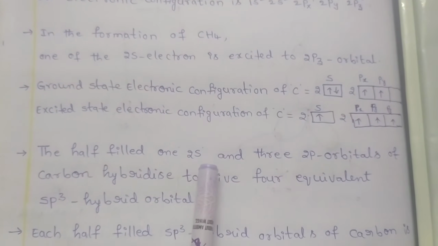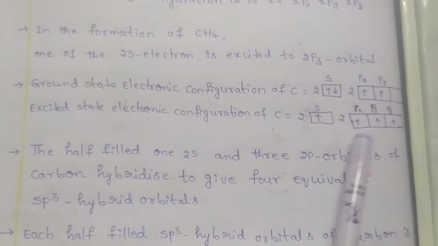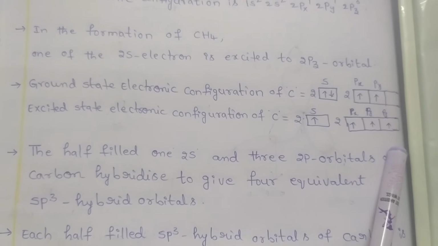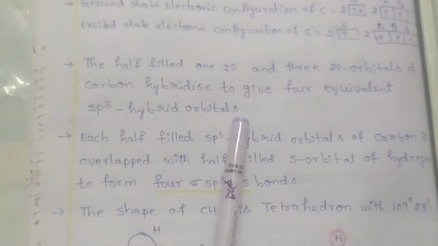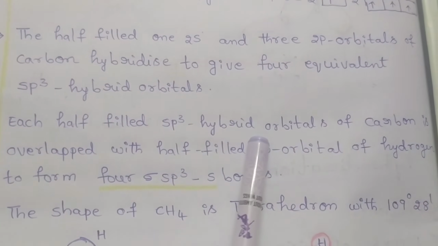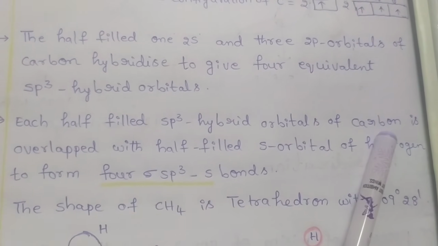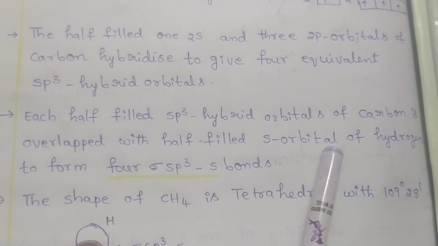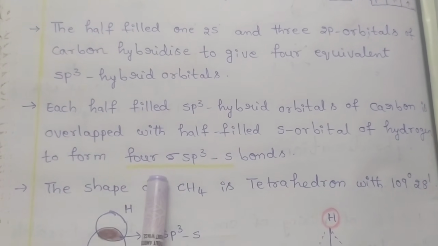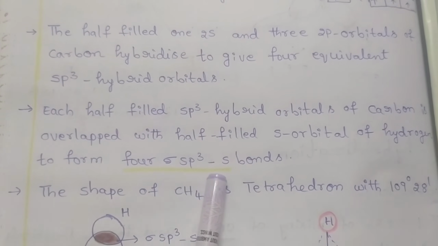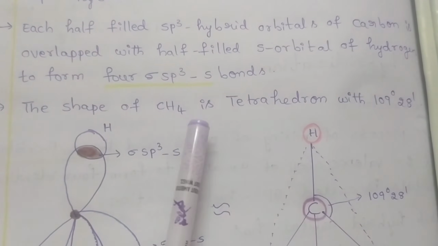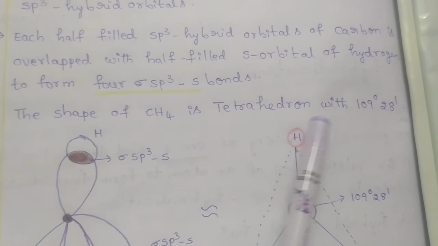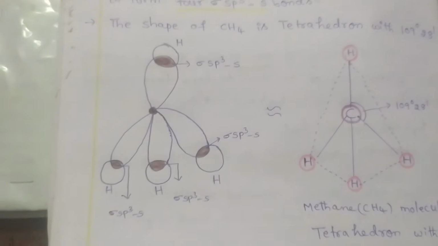Now, the half-filled 2s orbital and three 2p orbitals of the carbon undergo hybridization to form a set of four equivalent sp3 hybrid orbitals. Each half-filled sp3 hybrid orbital of carbon is overlapped with the half-filled s orbital of hydrogen atoms to form four sp3-s sigma bonds. The shape of the methane molecule is tetrahedral with bond angle 109 degrees 28 minutes.